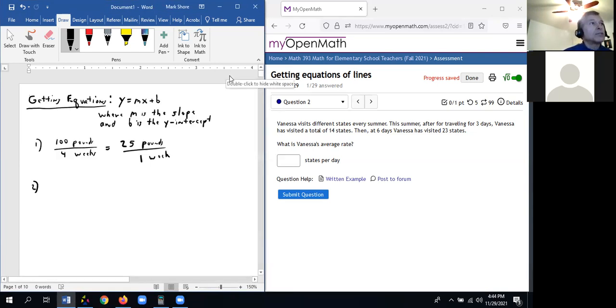So this is going to be something like, how many states does she visit? Let me write this down here. How many states per day? Well, let's check it out here. After 3 days, she visited 14 states. So let's just keep track of it.